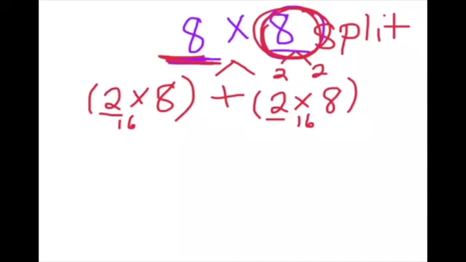Because so far we have 2, 4. That's like 4 times 8 if I added 16 plus 16. Why don't we do that? So 16 plus 16, we would get 32. So far, we have 32.